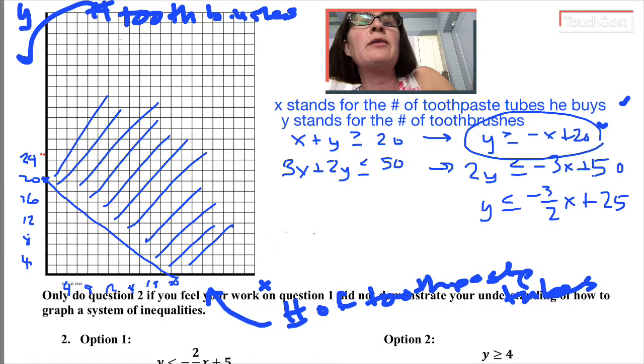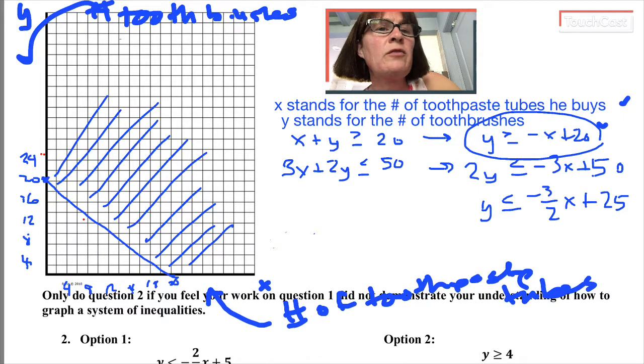So this is going to be down 3, over 2, and go down 3 over 2. If you figure it out, I think it intersects somewhere about 17.5.